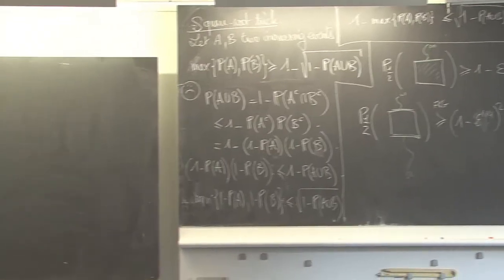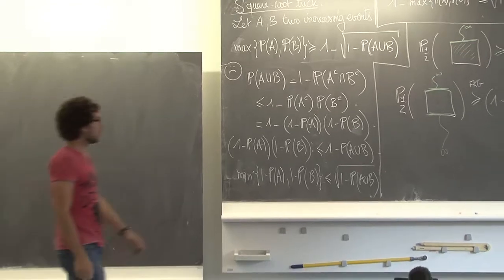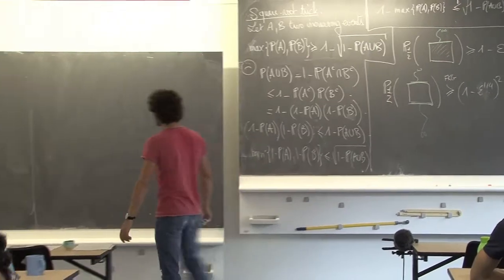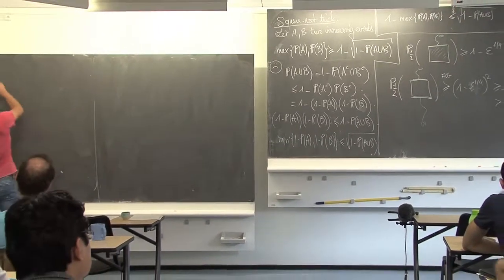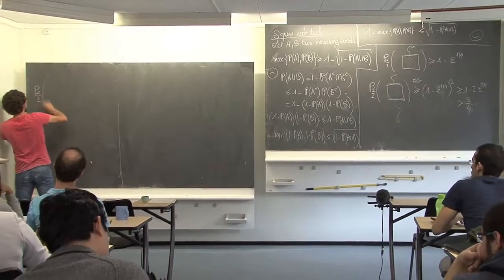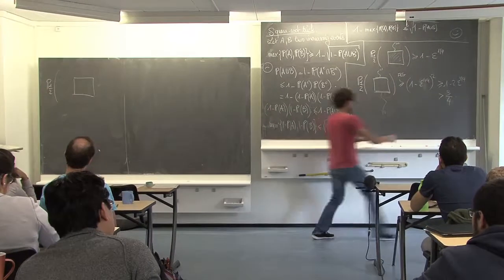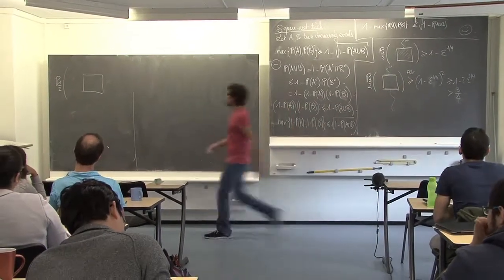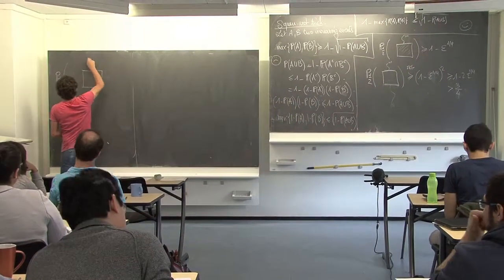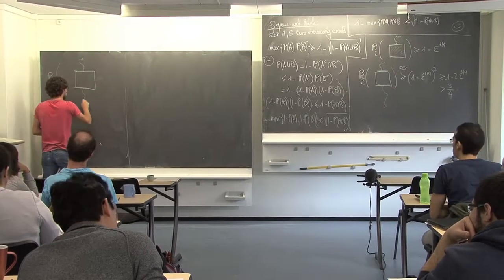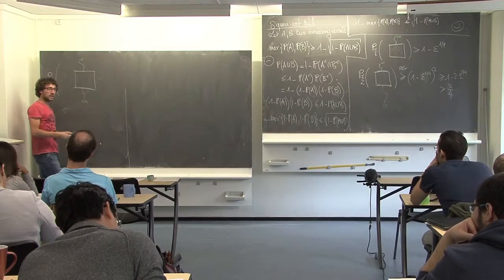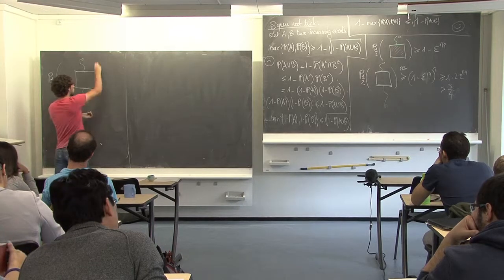So if it's larger than a half, what can I say? Well, what is the probability of this guy then? I want these guys to be connected to the top and have a connection here to infinity. I have a connection here to infinity. So this happens with probability 3/4.